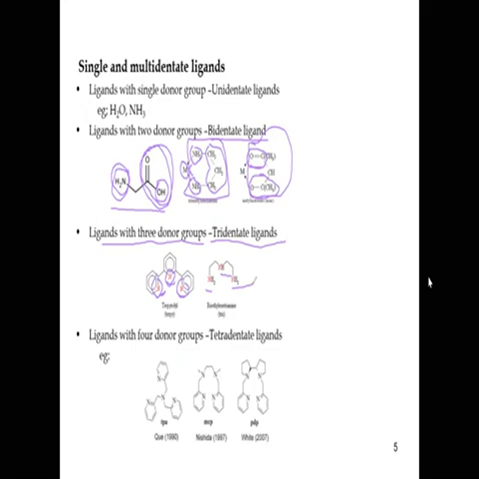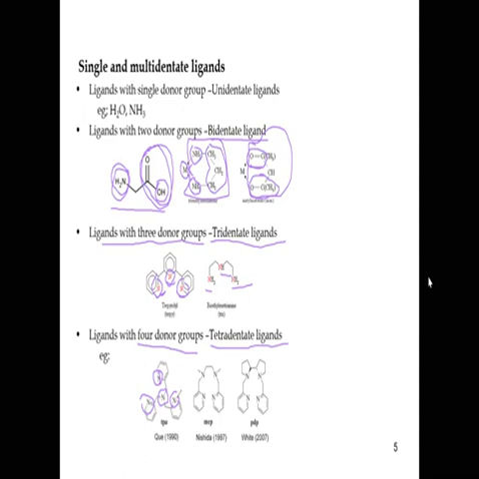Then the next one, the ligands with four donor groups. Ligands with four electron donor groups are termed tetradentate ligands. So for the tetradentate ligand, here there should be four. Yes, this is one. It can make a bond with the metal ion. This is another one which can also make a bond, and this here another one, and this. Altogether there are four electron donor groups.